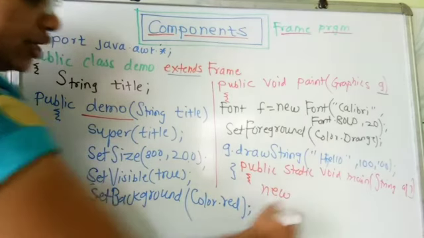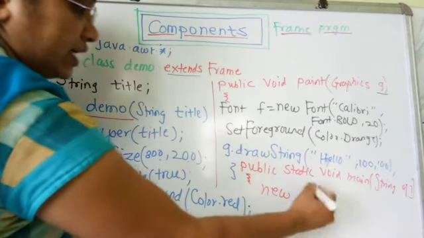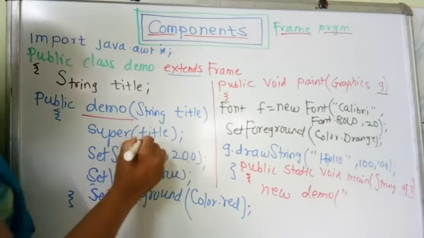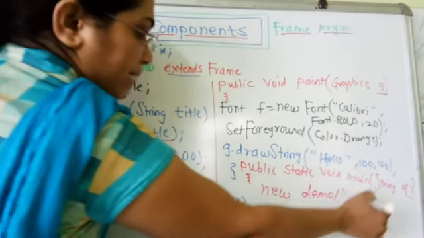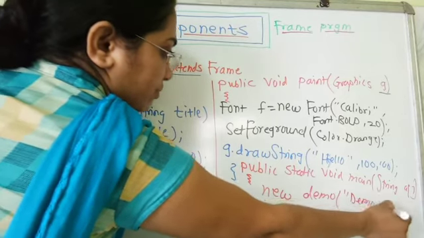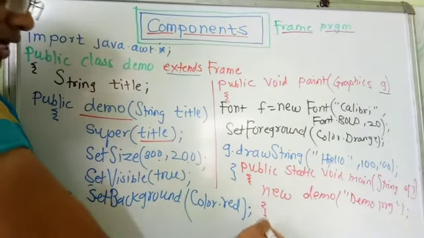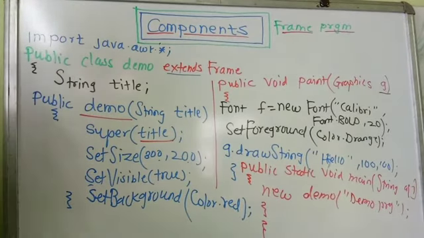How to call it? Simply use the new keyword, after that write the class name, that is Demo, and apply the title whichever we had written here. Apply this title in this bracket, for example Demo Program. Then complete the brackets, complete the main method and complete the actual class. So how will it appear?